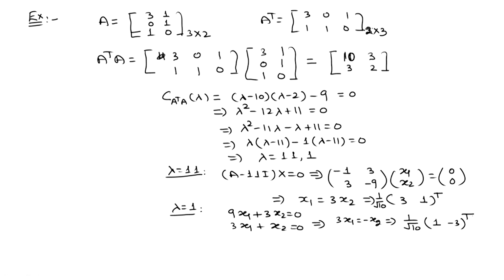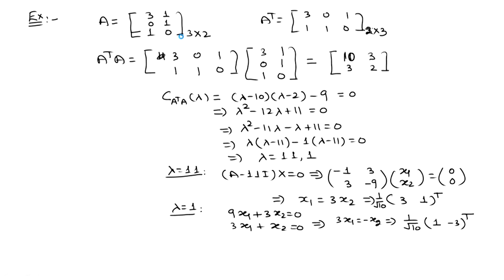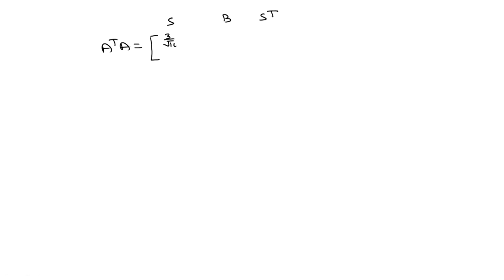So, what I can write is A transpose A, the diagonalization of this matrix, as S B S transpose, where S is given as 3 upon root 10, 1 upon root 10, that is the eigenvector corresponding to lambda equals 11, and 1 upon root 10, minus 3 upon root 10, which is the eigenvector corresponding to lambda equals 1.